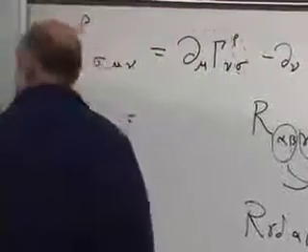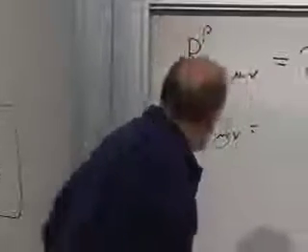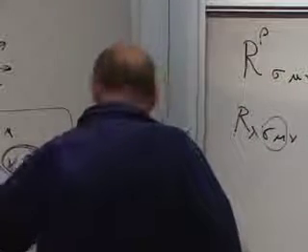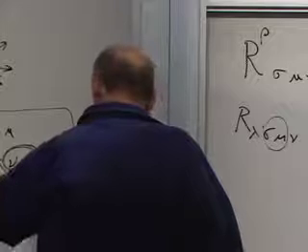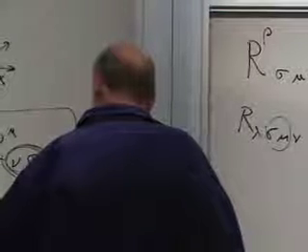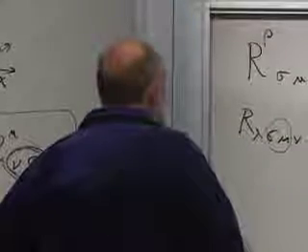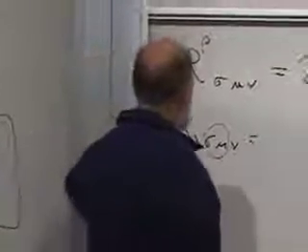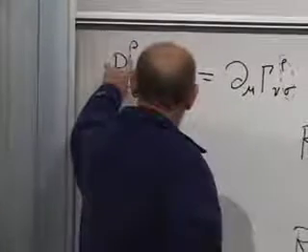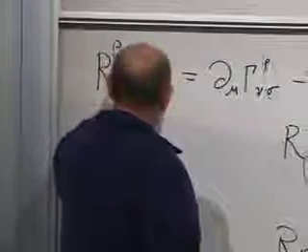Oh, God, I hope I don't have the indices mixed up. I think I do. Those are the middle two. Let's see what I have here. Rho is up here.